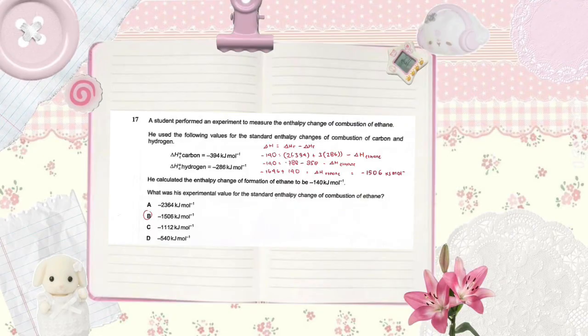It's 140 equals 2 times minus 394 plus 3 times minus 286. So we just calculate it. We got minus 1646 plus 140 equals the enthalpy change of ethane. So it's minus 1506 kJ mol^-1.